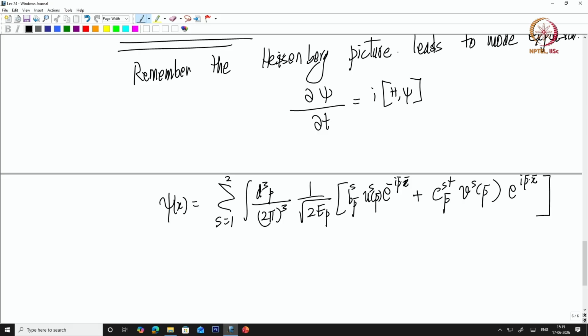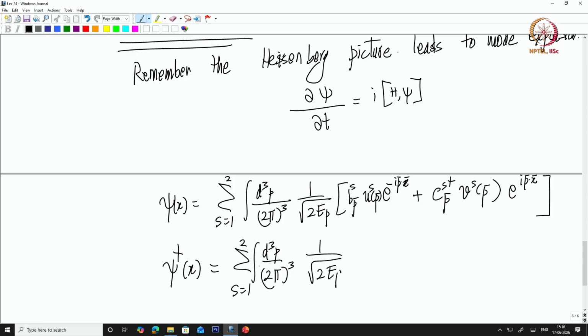Now, for doing that, I'll need to use psi dagger of x. So let me just write it down. b s dagger of p, u s dagger of p, e power ipx.